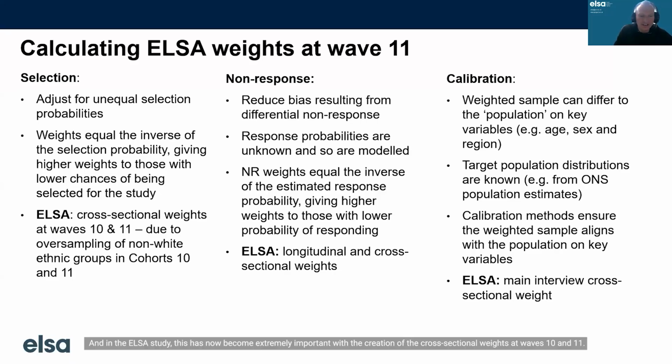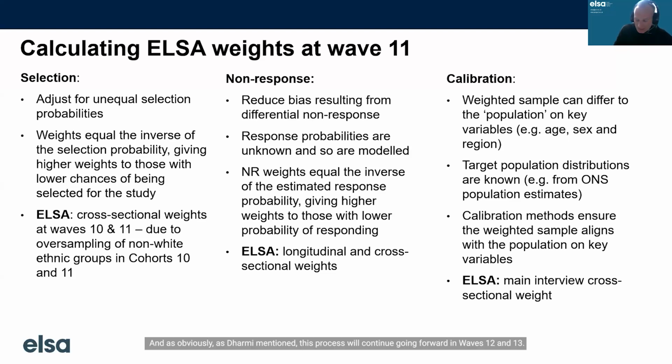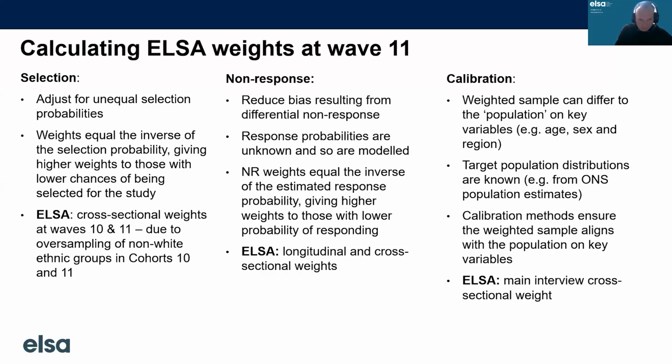And in the ELSA study, this has now become extremely important with the creation of the cross-sectional weights at waves 10 and 11 due to the oversampling of minority ethnic groups in cohorts 10 and 11. And as Darmy mentioned, this process will continue going forward in waves 12 and 13.